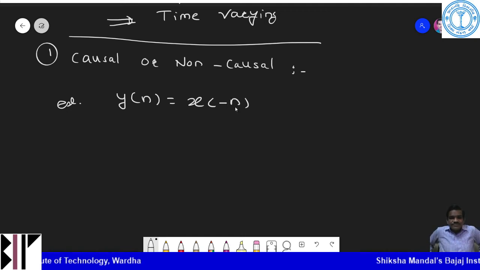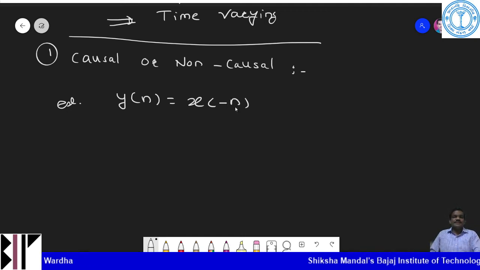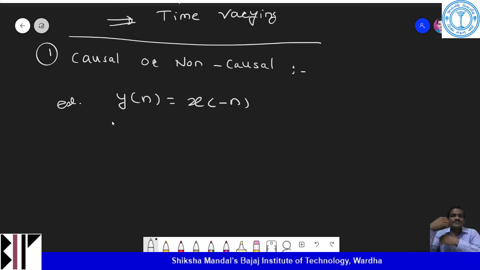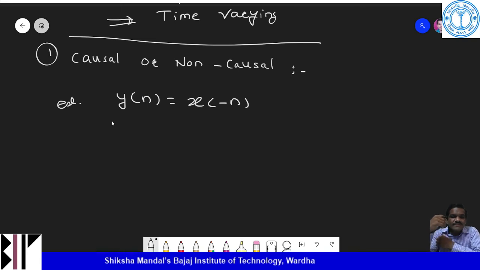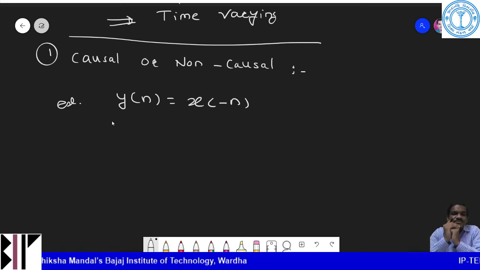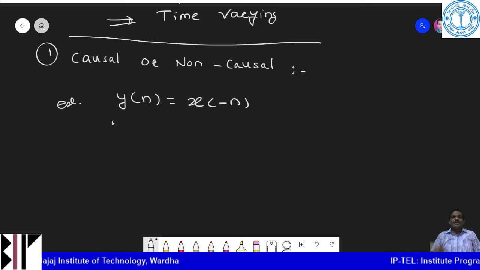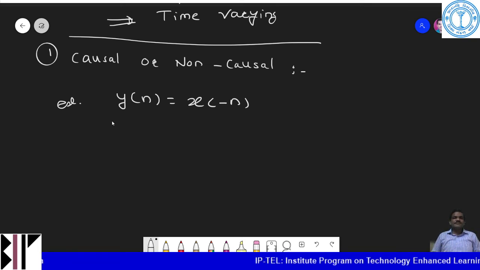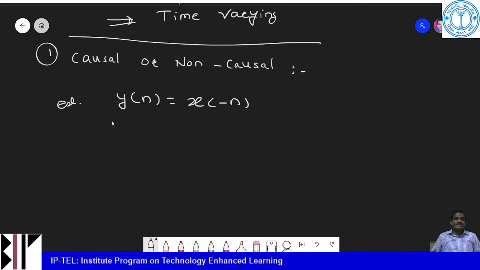Why do we call a system causal? If the system depends on present and past input, then we call that system a causal system. If the system depends upon the future input also, then we call it a non-causal system.